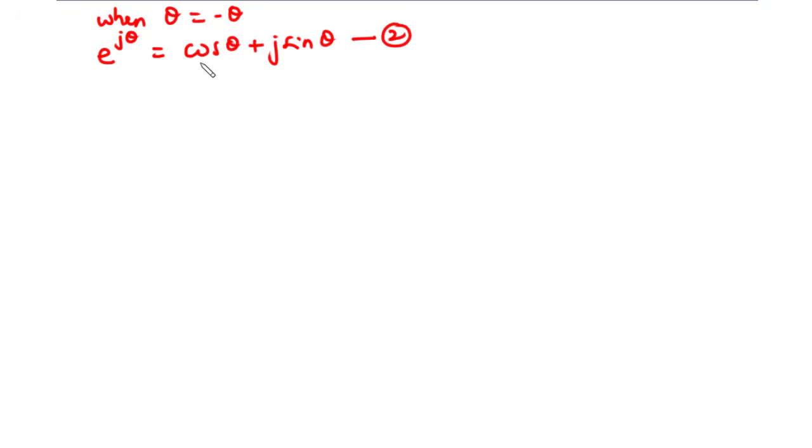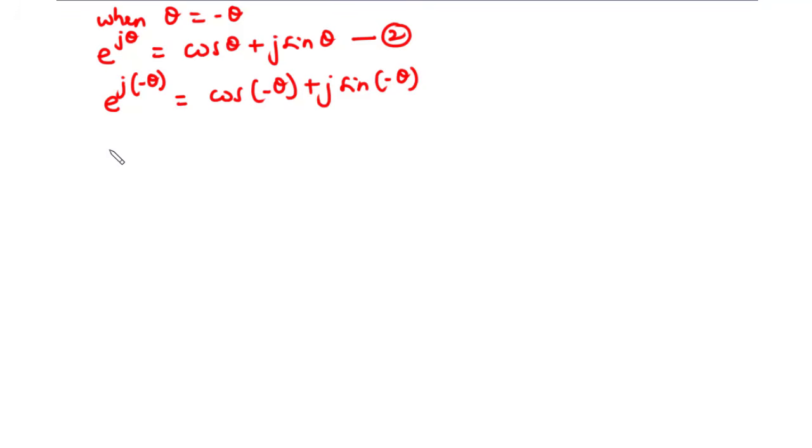So what happens when theta is negative? So when we have a negative angle, then e exponent j theta, that is from equation 2, we have cos theta plus j sine theta. So we are going to substitute negative theta in place of theta. So that's going to be e exponent j times negative theta is equal to cos negative theta plus j sine negative theta.